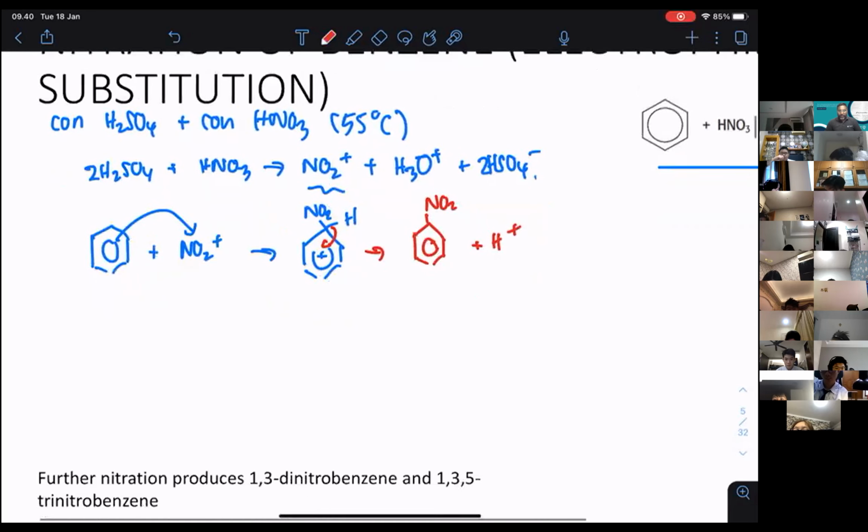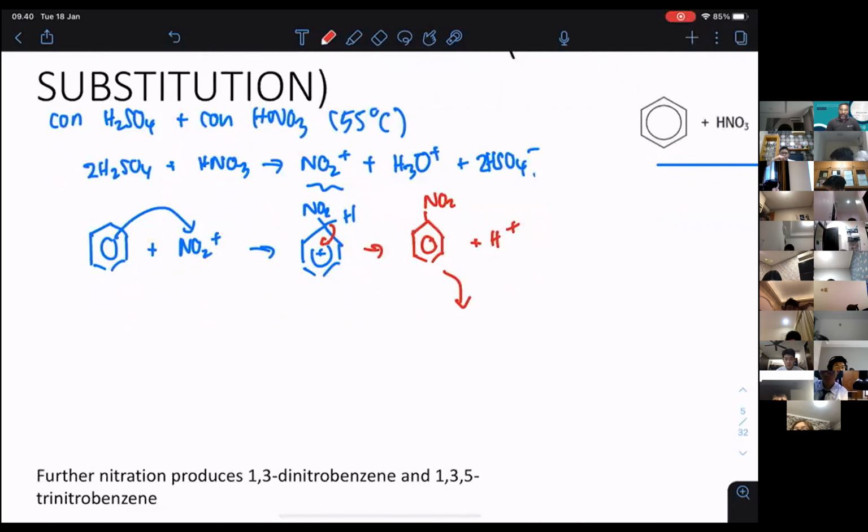It's okay. Now, this reaction is going to continue because why? Just now CH3 was 2, 4, 6 directing, but NO2 is an electron withdrawing group. They are going to activate positions 1, 3, and 5. Position number 1 is already taken.